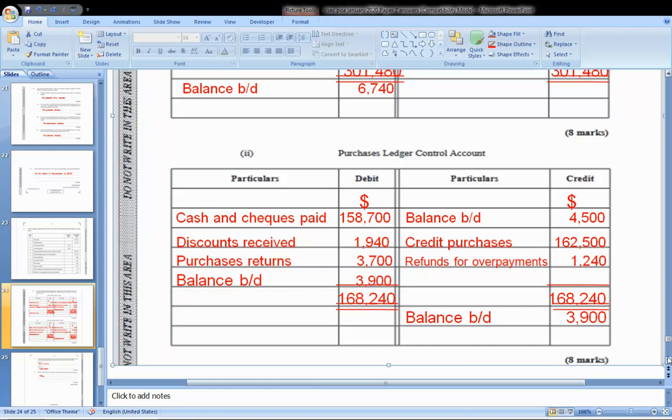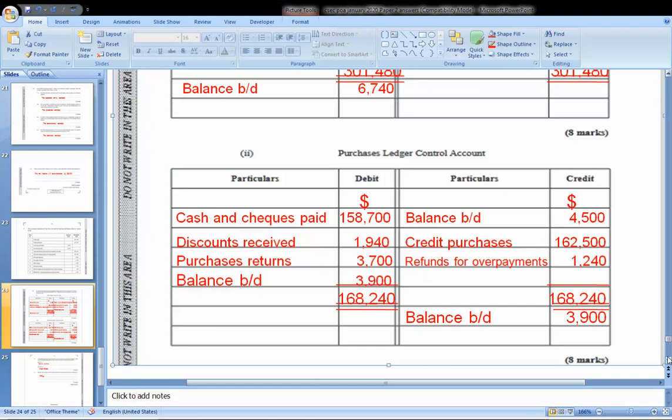Purchases returns 3,700. And our balance brought down in our purchases ledger control account would be 4,500. And our credit purchases, 162,500. And refunds for overpayments would be 1,240.